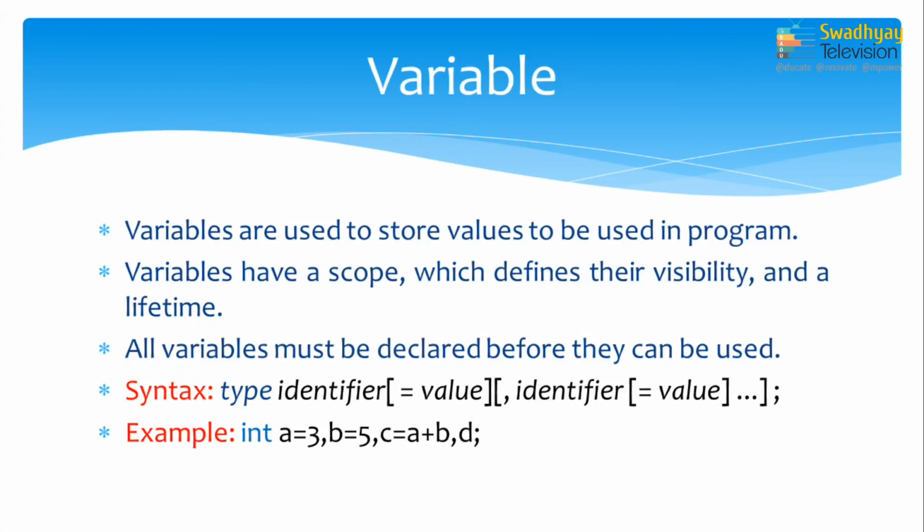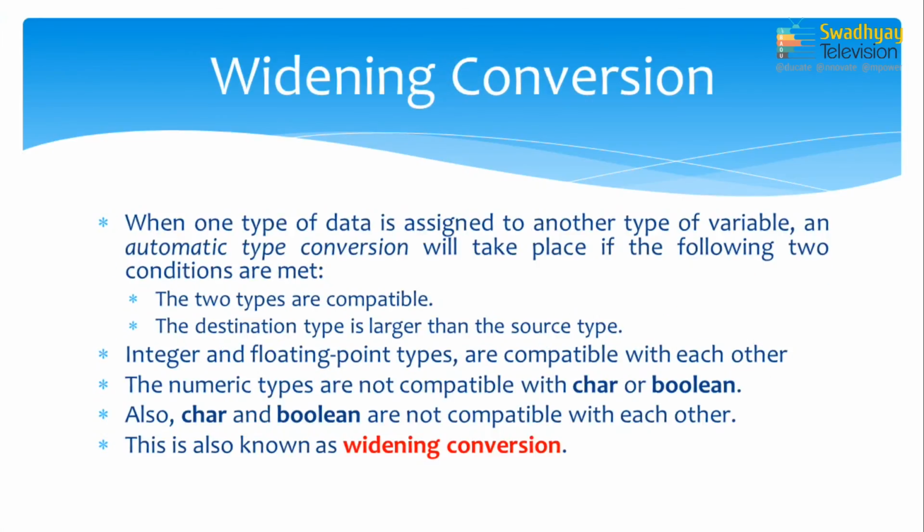So, a and b must be declared before using them. In Java all variables must be declared before they can be used. You cannot write c is equal to a plus b first and then a and b. They must be declared first, and d is uninitialized and generally stores the default value which is 0. So, this is all about how we can declare a variable in Java and how we can assign a value to a variable.